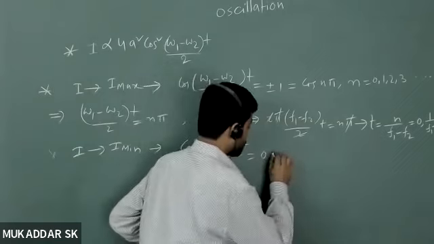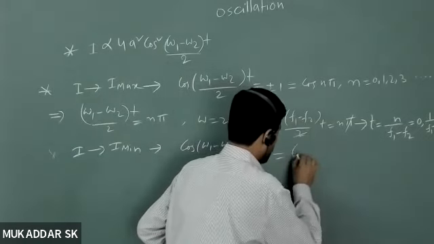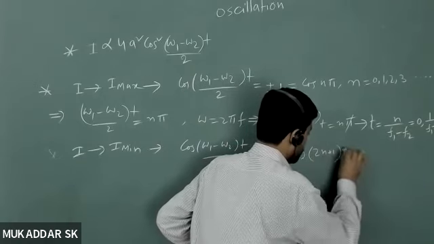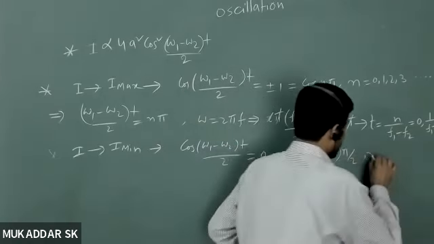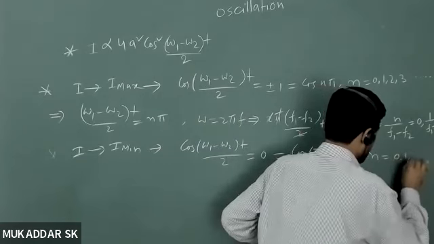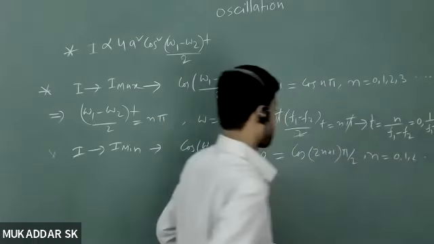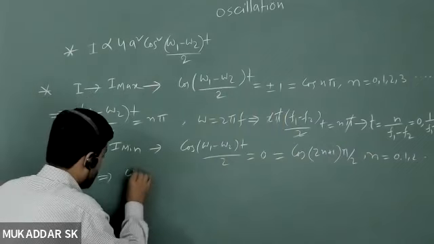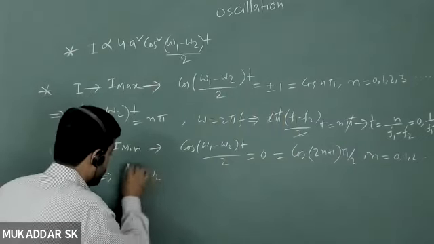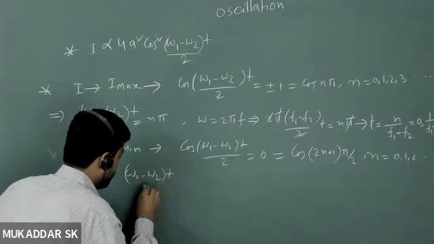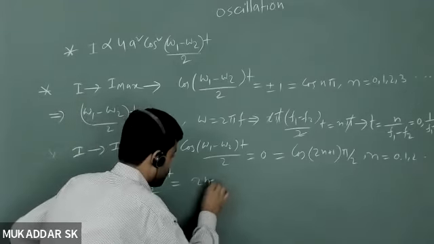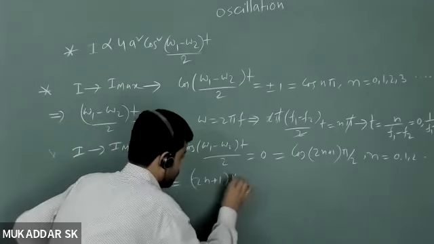So 0 means what actually? Cosine of (2n plus 1) pi by 2, right? Where n can be 0, 1, 2, and so on. It means (omega 1 minus omega 2) into t divided by 2 should be equal to how much? (2n plus 1) pi by 2.